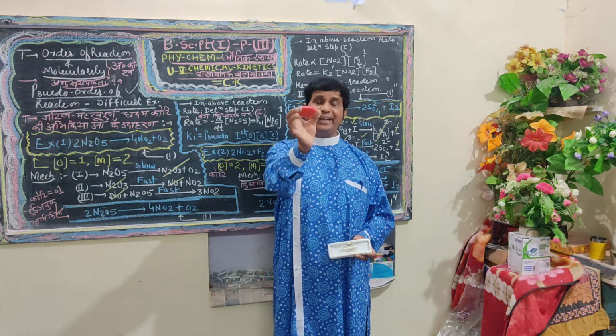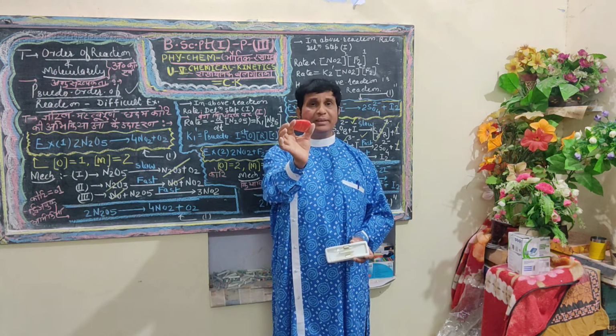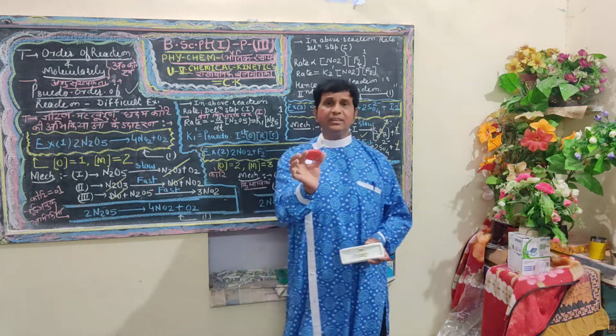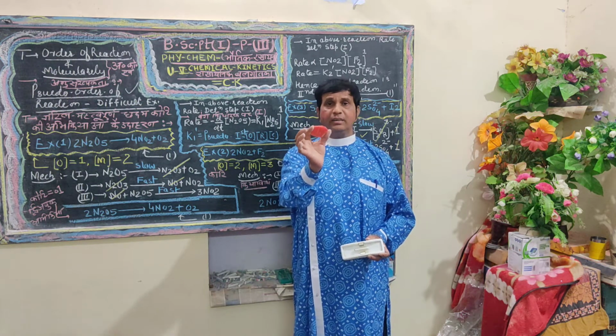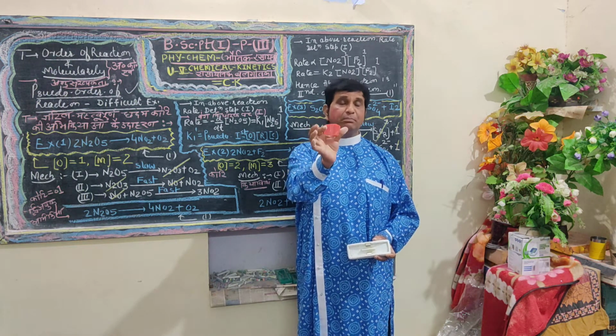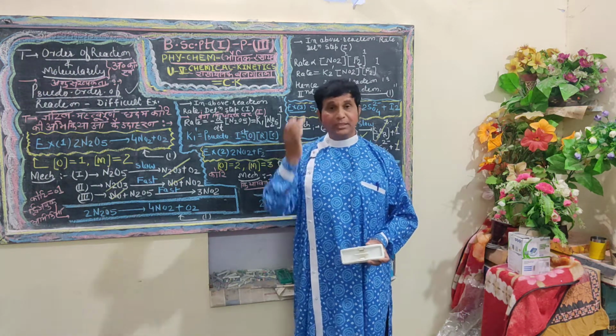What is this thing? I think in your mind your answer will be that it is a piece of sweet. But the exact answer is that it is a bathing soap, to create the pseudo concept in our mind.